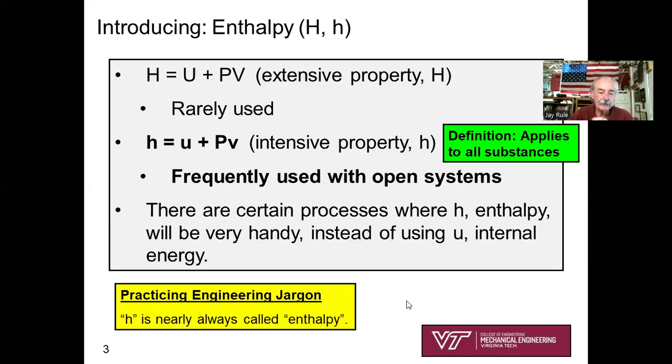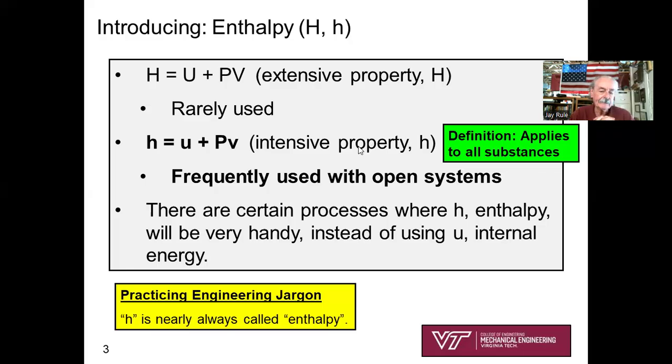And I think that might be the reason why we practicing engineers, many instructors, many professors refer to little h, the intensive property version, as simply enthalpy. And so here's the functional definition that you're going to use. I'm circling here. Little h is equal to little u plus p times little v. H is U plus PV, and that's the definition of enthalpy.